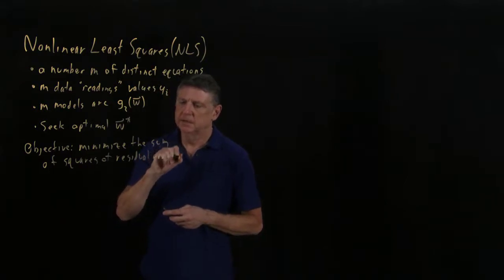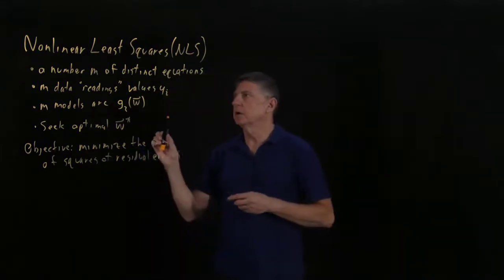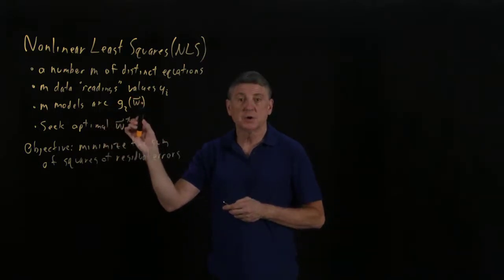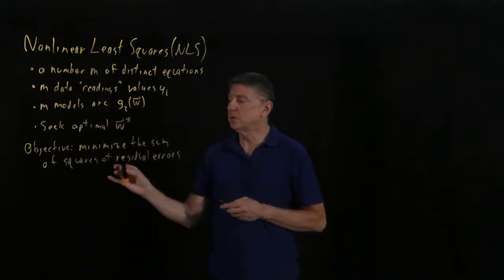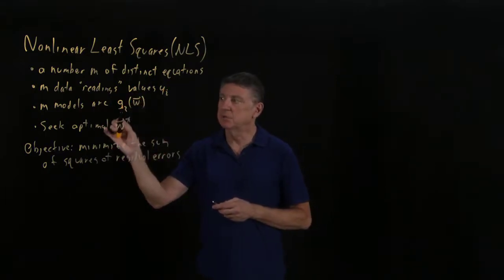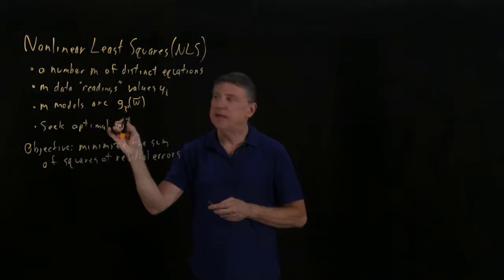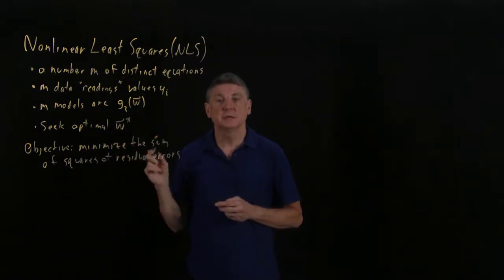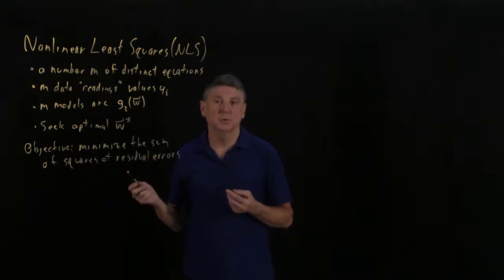The nonlinear part is that these model functions are each nonlinear, and the least squares part is that we're going to take the difference between the values and the computed model, square each of those and sum them, and that will produce a least squares problem. So that's where we're going.